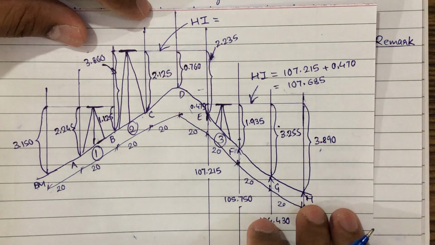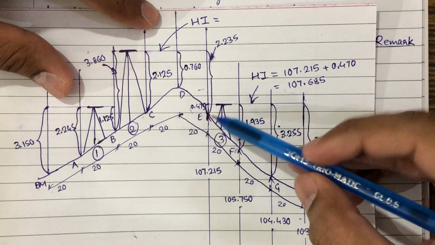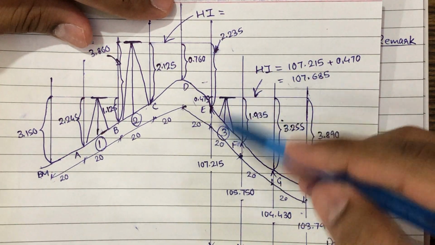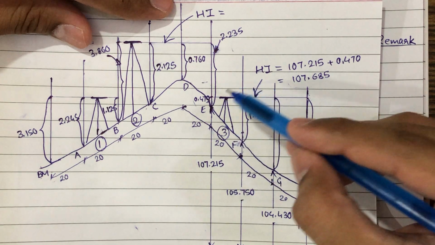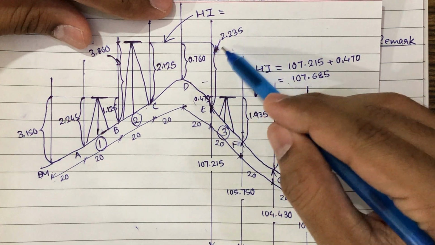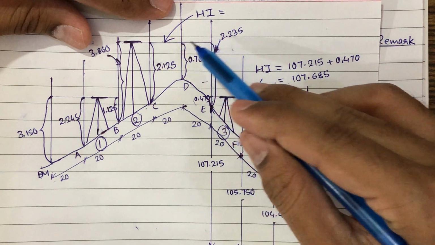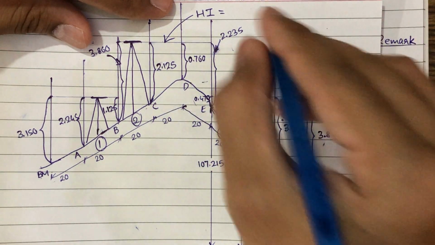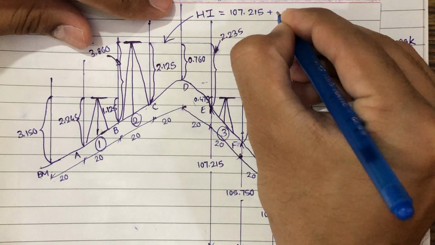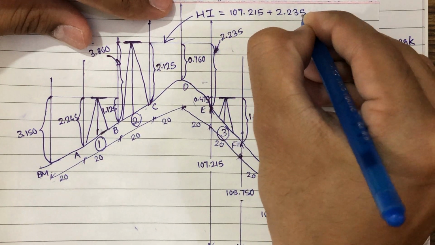And this HI will be given as, we know the RL of this point E, that is 107.215. To this 107.215, if we add this 2.235, we will get the HI for this second setup. So this will be 107.215 plus 2.235.